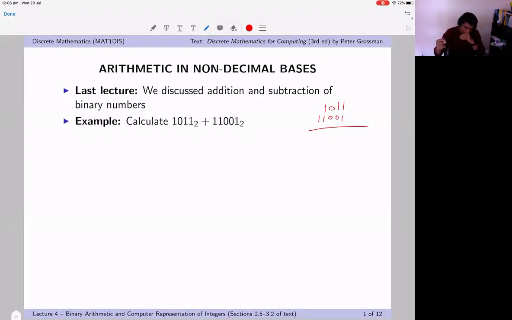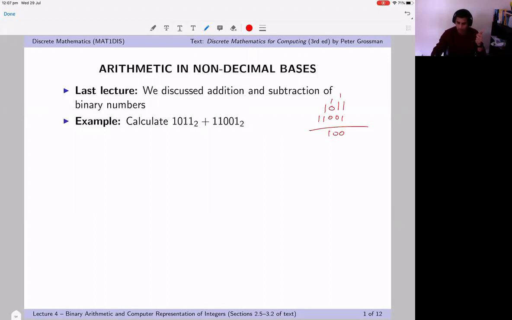For example, if I want to add these two binary numbers, I would do this. 1 plus 1 is 2. I should not say 2, it's 1, 0. So you would have 0 here, and 1 would be carried forward. So 1 plus 1 is 1, 0, plus 0 is 1, 0. So 1 goes there. 1 plus 0 is 1.